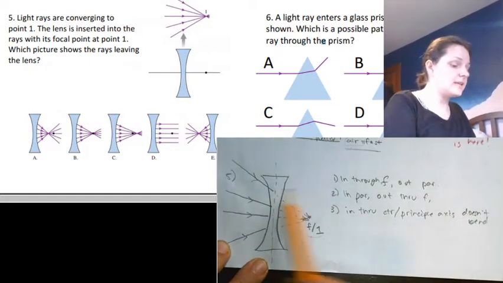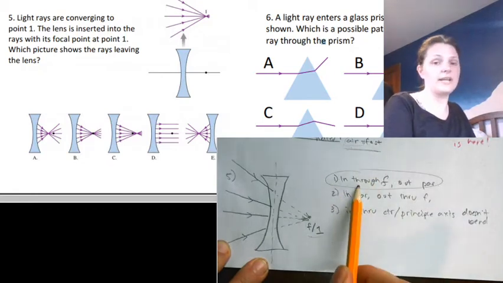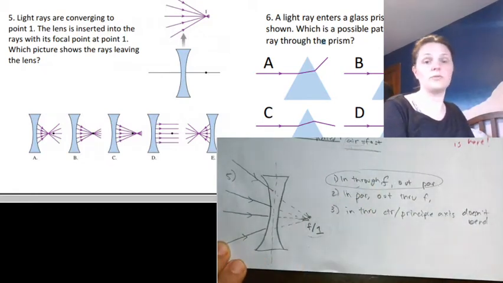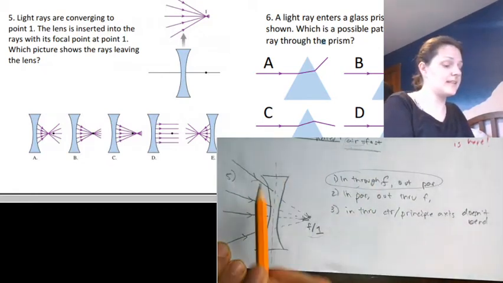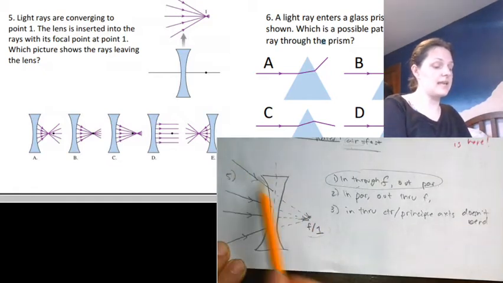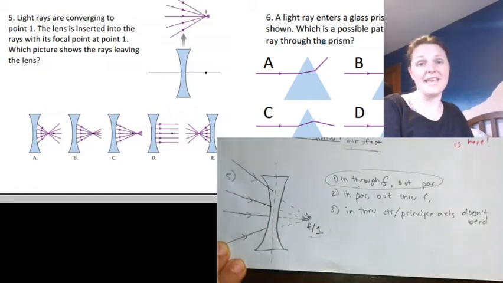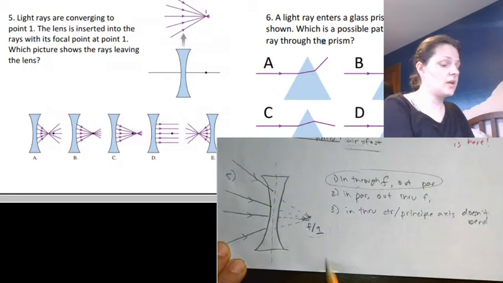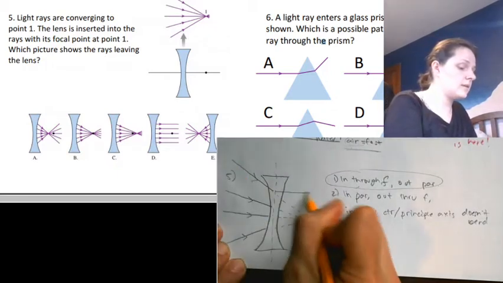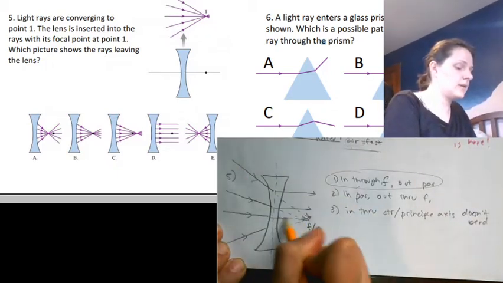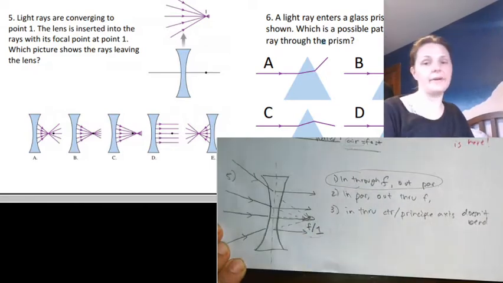So these rays are trying to do this. Okay, so the rule of drawing ray diagrams for a diverging lens is that these are actually the rays that are coming in through F. They never actually make it to F, but that's how that rule goes. So they're coming in through F, they're going to bend and exit this, coming out parallel like that. So the answer to this is D.